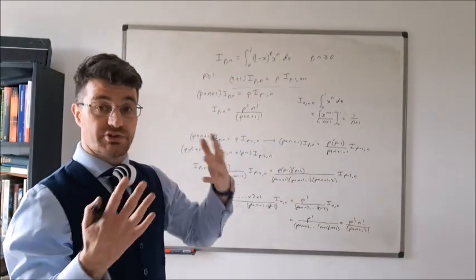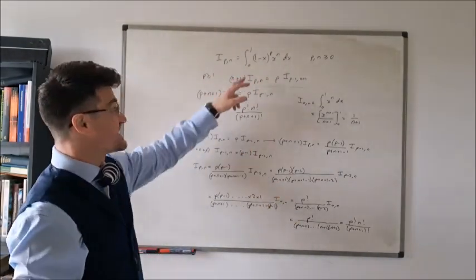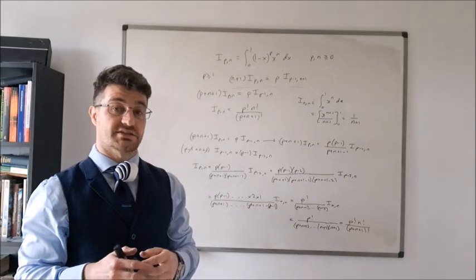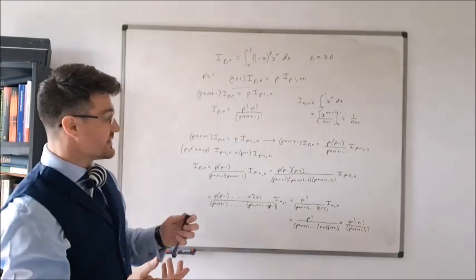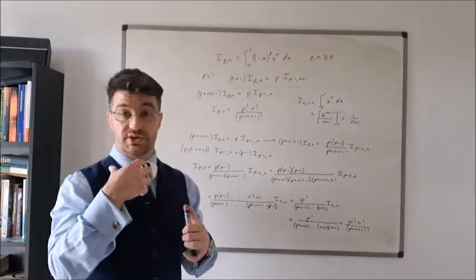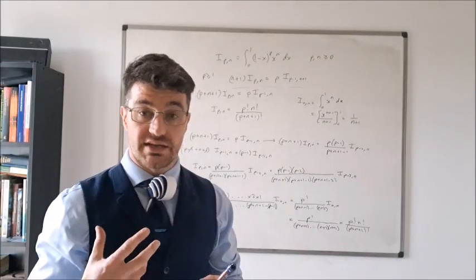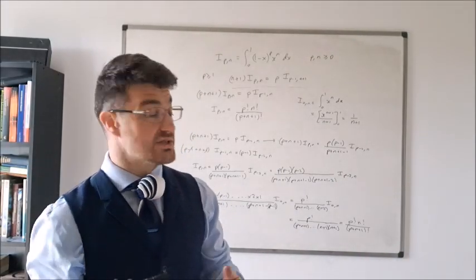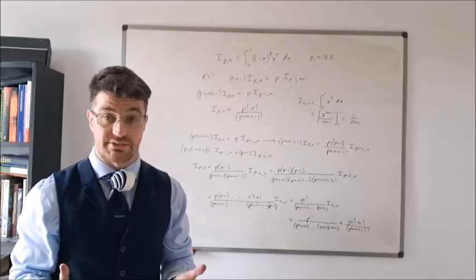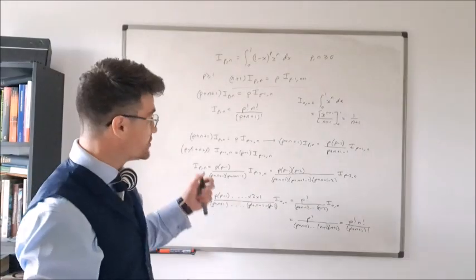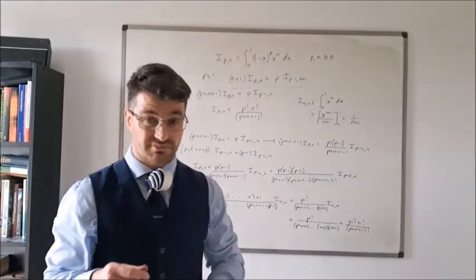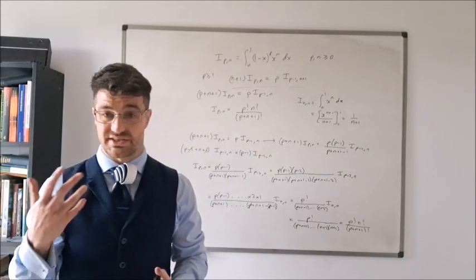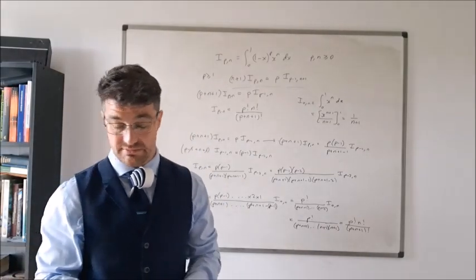For example, you can find reduction formulae for sine to the power of n x, or cos to the power of n x, and things like this. And you barely even have to do any integration. Once you get right down to the end case, you find that the integration is almost trivial.